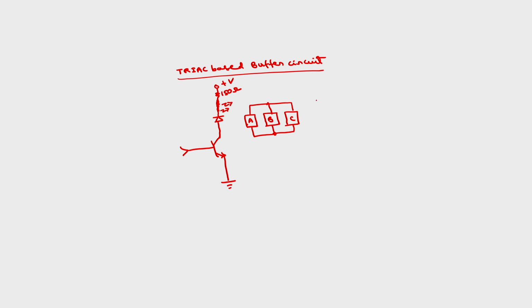So this C is going to control the triac, the actual triac. This is the symbol of the triac. This triac will be connected to the load.